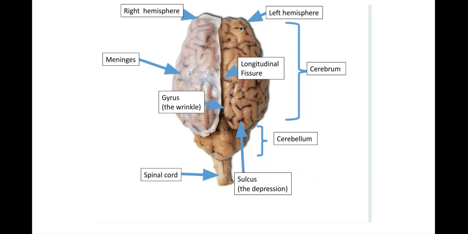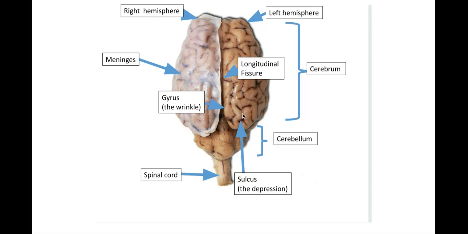You'll also notice when you take off the meninges that there's this bending, folding pattern. If you look at the wrinkle itself, that bend and fold is called a gyri or a gyrus, depending on if it's plural or singular.